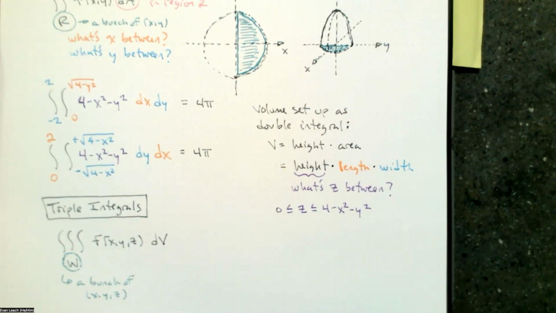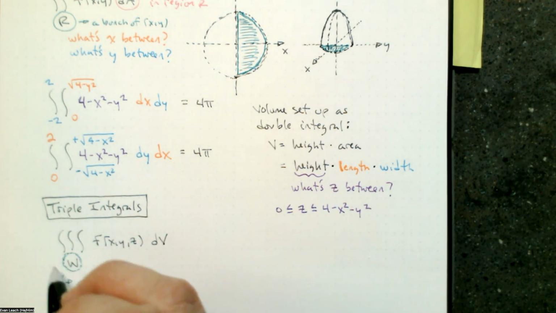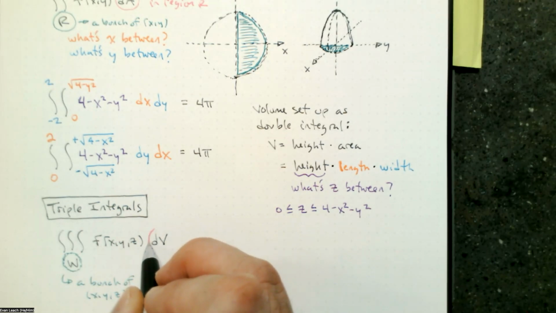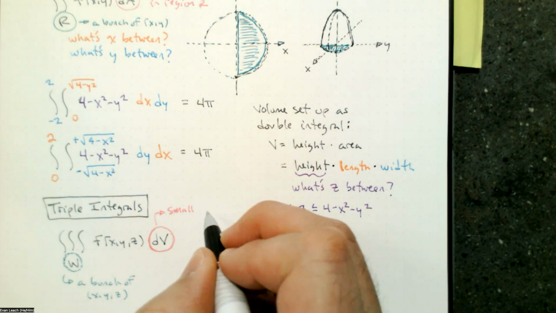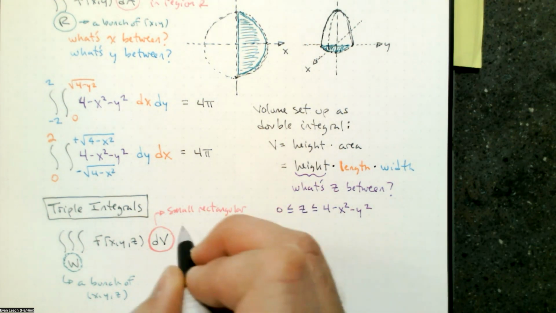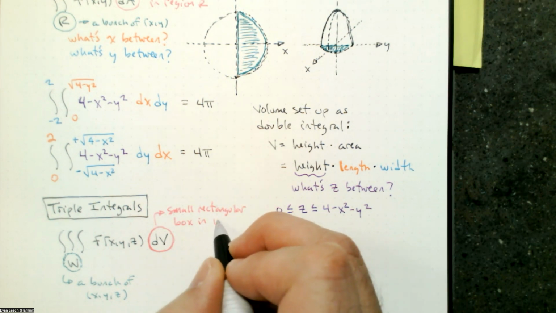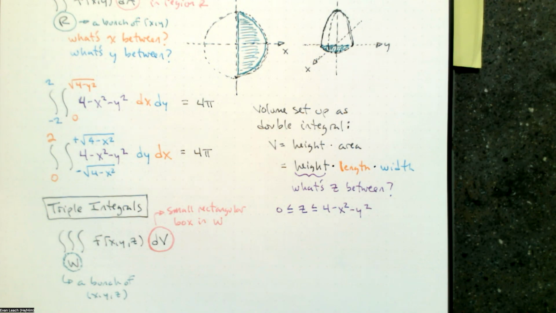W is going to be a bunch of x, y, z, a solid in three-dimensional space, a solid in R3, and dV will be a small rectangular solid, a small rectangular box, let's say, in the solid W. Just like dA was a small piece of the region R, dV is a small piece of the solid W. A little cube.